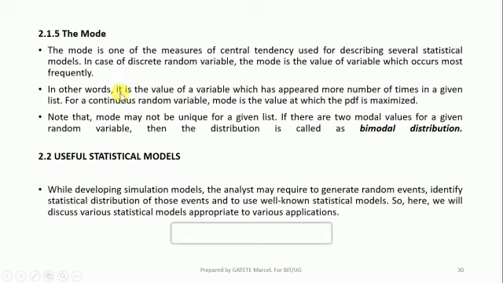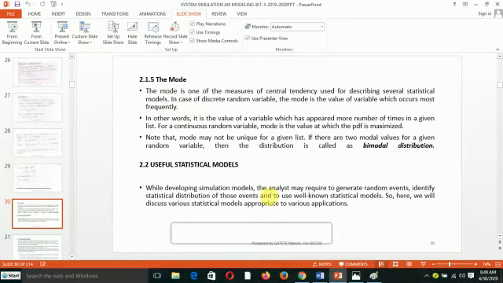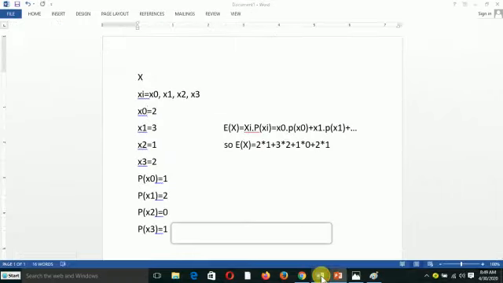In other words, it is the value which has appeared the greatest number of times in a given list. This is the first case. Here I have the values 2, 3, 1, 2. So what will be the mode? It is the value which occurs more number of times. Here the mode is 2.